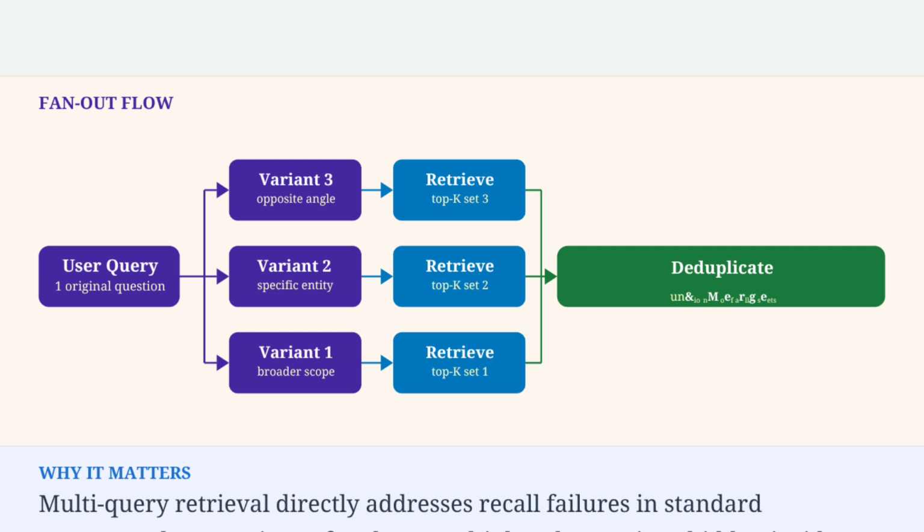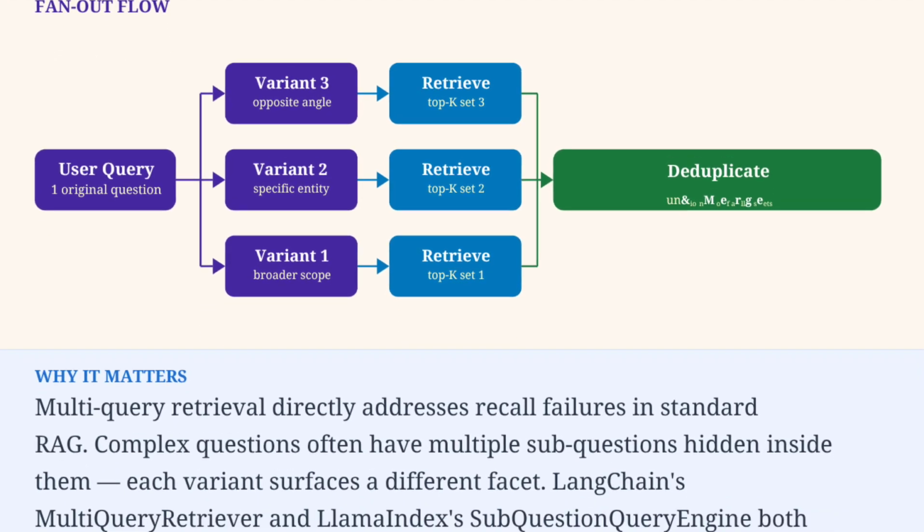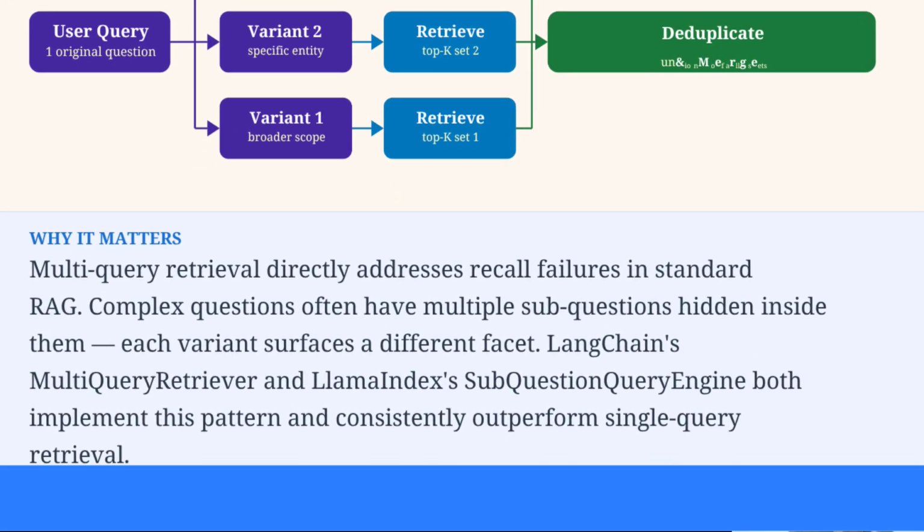Each one surfaces different chunks, together giving much higher recall. LangChain's multi-query retriever and the LlamaIndex sub-question query engine both implement this. It consistently outperforms single query retrieval on complex and multi-faceted questions.